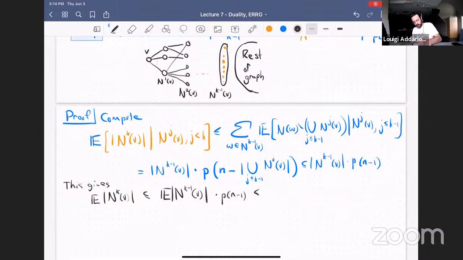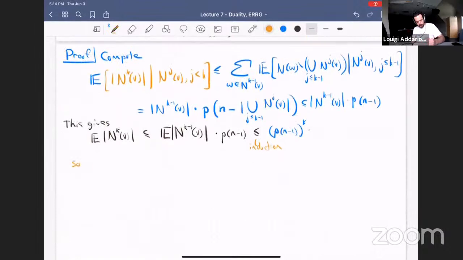And so by induction, that's at most P(n minus 1) to the k, right? And we know that the size of the component containing V is just the sum over neighborhoods of the expected size of the kth neighborhood.